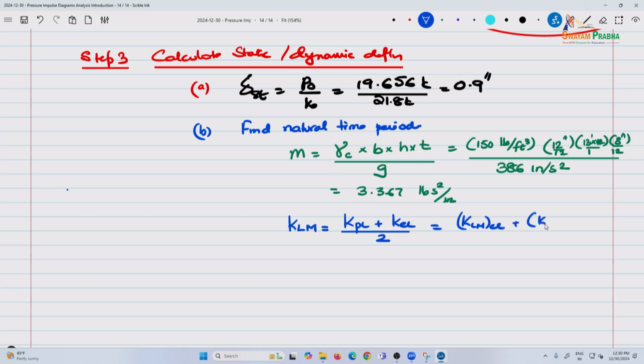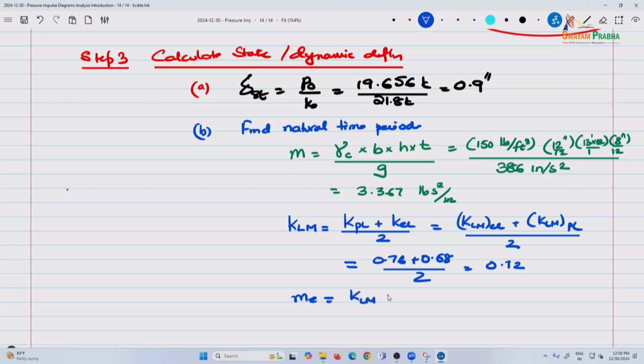There are several factors, so use KLM plastic, that Km by KL divided by 2. So this is at 0.76 plus 0.68, I believe. So the effective mass is KLM multiplied by M. Here's your KLM, and M comes to 2.4.